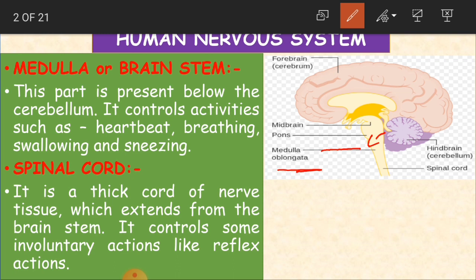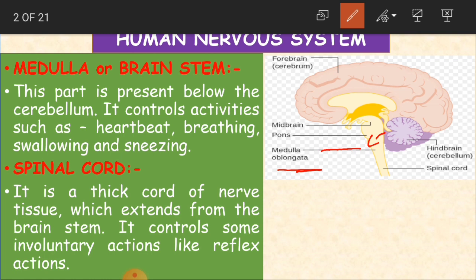It is going to control activities such as our heartbeat, and breathing, which is respiration, and then swallowing, that is chewing and swallowing, and sneezing. Okay children, so the medulla is going to control such activities in our brain.